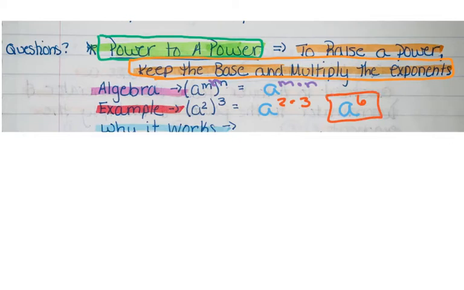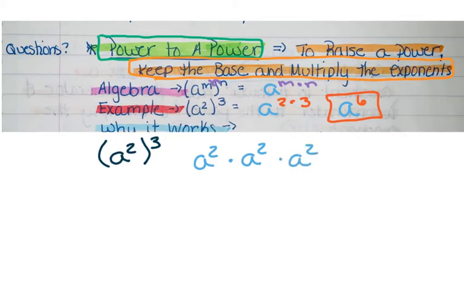Well, why does it work like that? What this is saying is we have a squared times 3. That really means we have 3 a squareds.